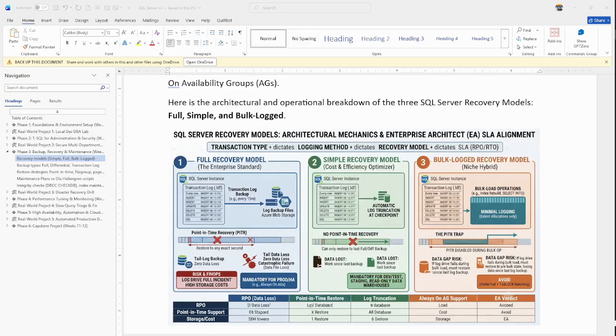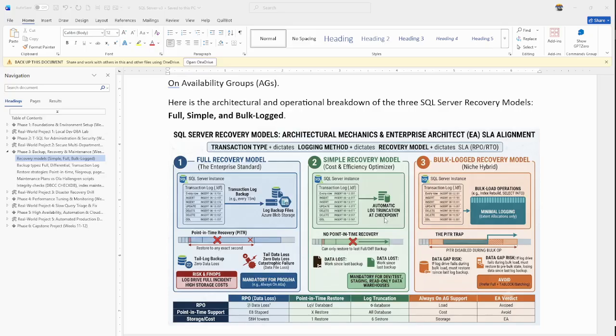Yes, sir. So in this database model, data loss between full backups is acceptable and minimal administrative overhead is required. Here the log is automatically managed.